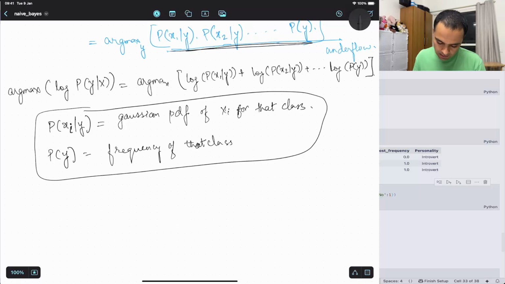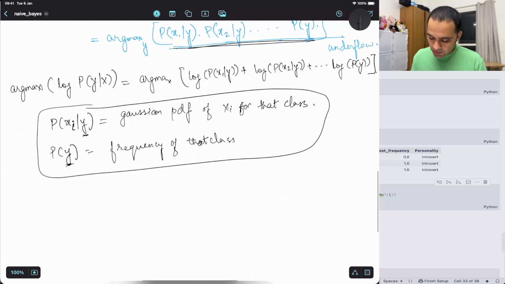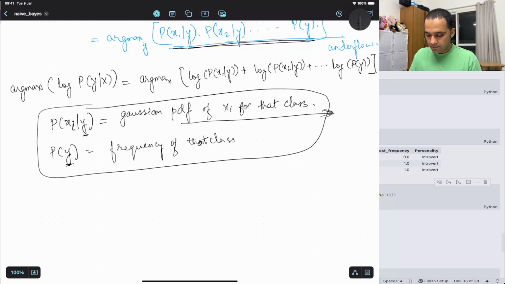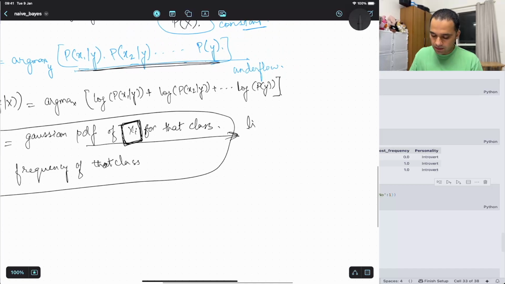In this scenario, we are talking about a particular class, let's say y0. For y0, whatever samples have class y0, we'll choose those samples, and for that particular feature i, for the samples whose class equals y0, we will calculate the probability density function, and from that we'll find the likelihood of it.